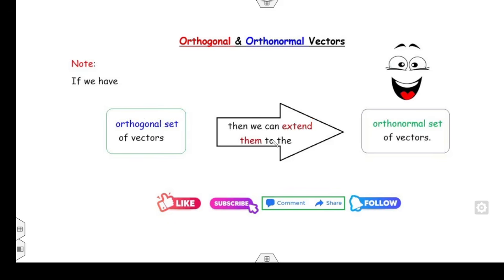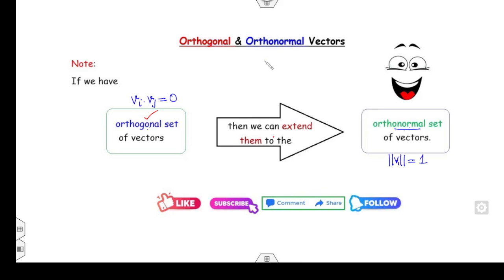Make sure, what is the property of orthonormal? Your target is to prove that the norm must be 1. How you can make this is very simple. If vi dot vj is 0 in the case of orthogonal, then in the case of orthonormal, your target is to make the norm 1.